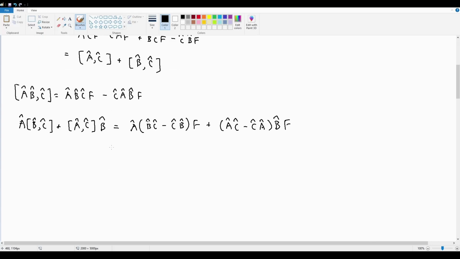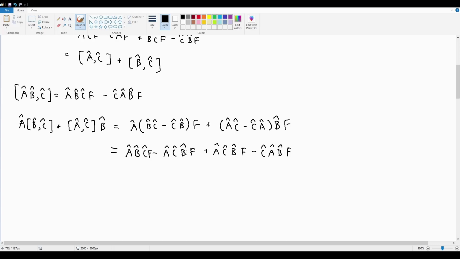Expand these out because once again operators are distributive, so a hat b hat c hat minus a hat c hat b hat. Let's get the f's out as well, I forgot to include those. And over here, plus a hat c hat b hat f minus c hat a hat b hat f.